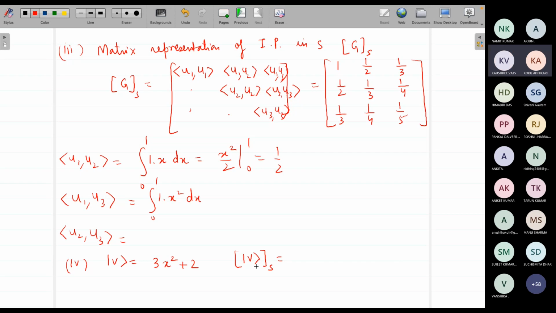V equals alpha 1 U1 plus alpha 2 U2 plus alpha 3 U3. You are supposed to write down that, and your alpha 1, alpha 2, alpha 3 are the components, right? So 2, 0 and 3.